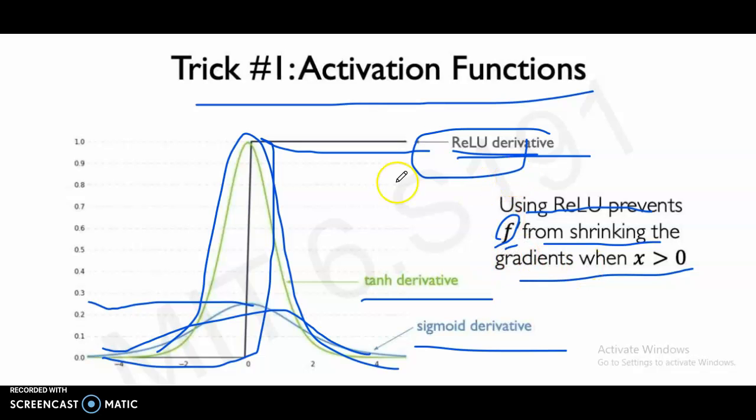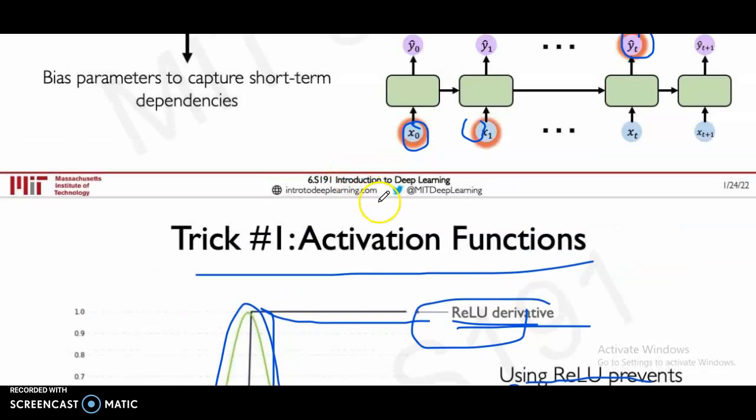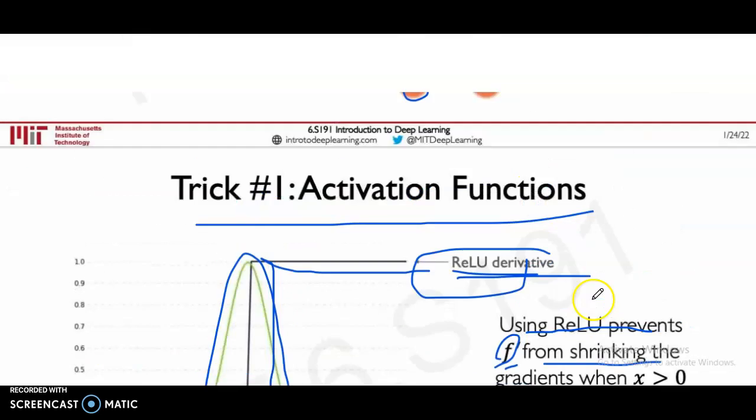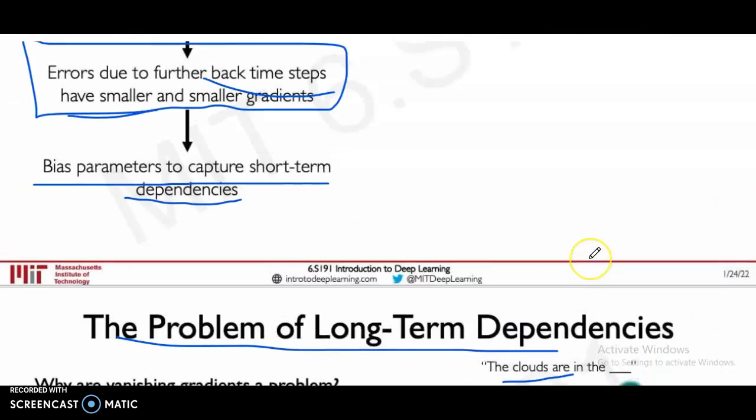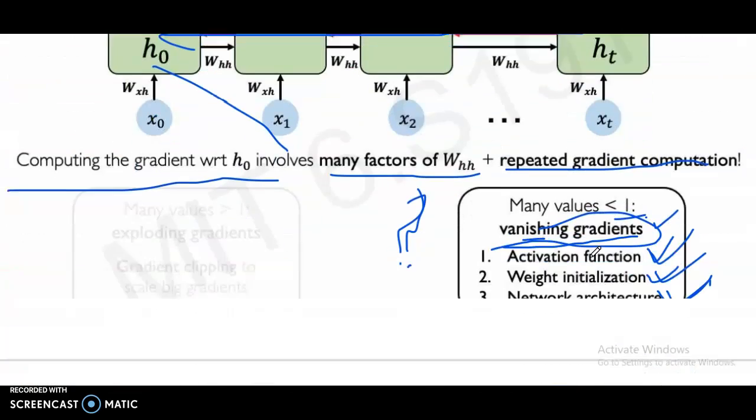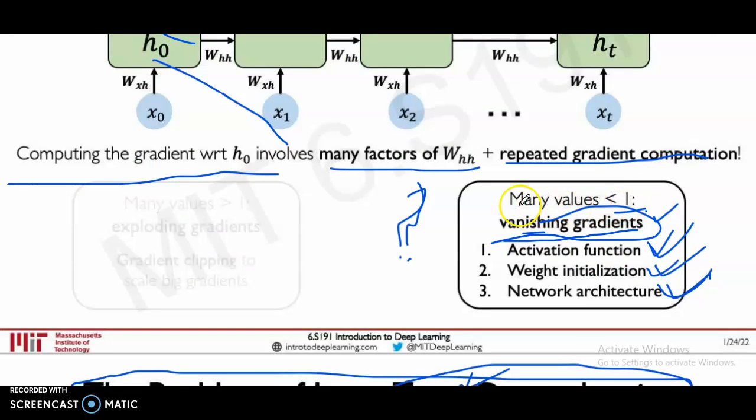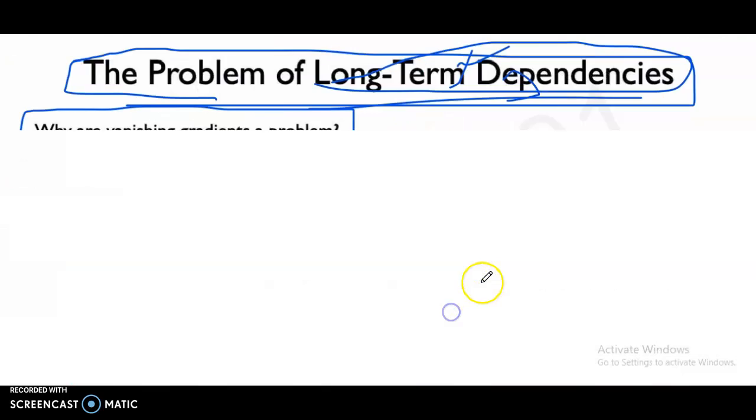First we have seen here, what will happen? Less than 1, vanishing gradient.